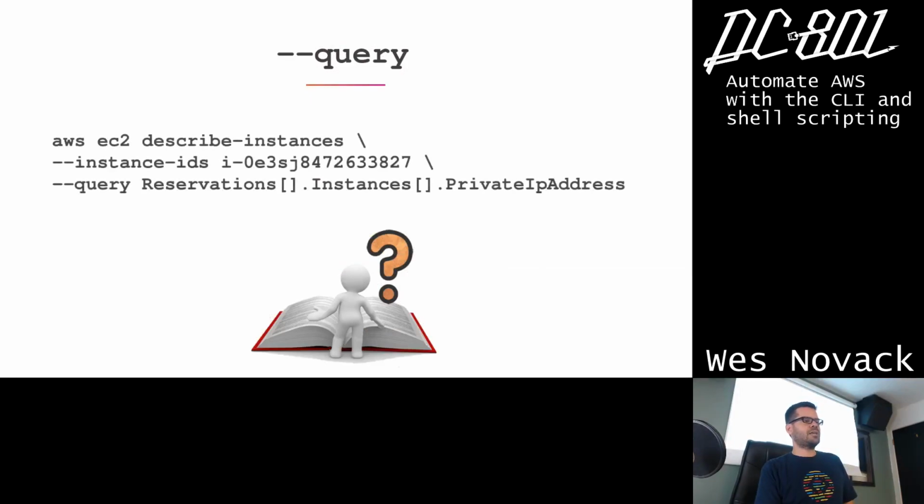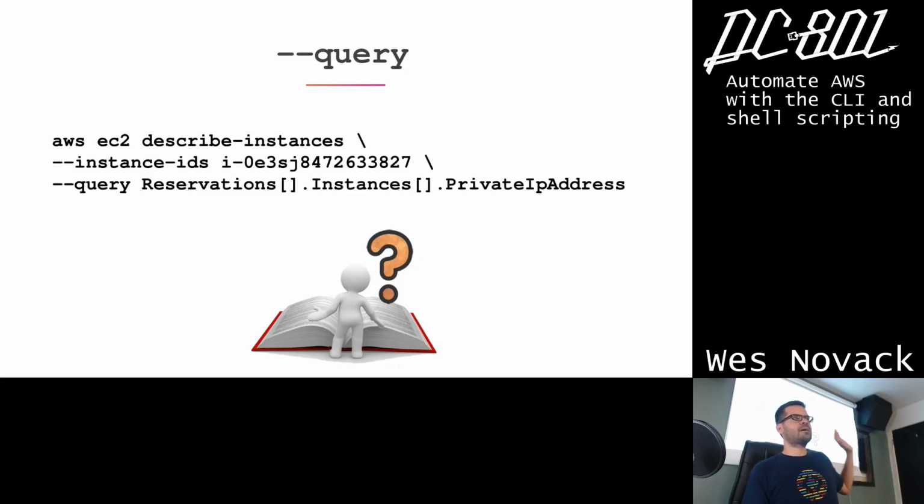For query, you can really use it on any subcommand and make it useful. Again, this is the JMESPath query language, similar to the jq utility. In the example here, I'm again doing an aws ec2 describe-instances subcommand. I'm specifying an EC2 instance ID with the --instance-ids parameter. And then I'm using query to dive into that JSON object and only return the private IP address.